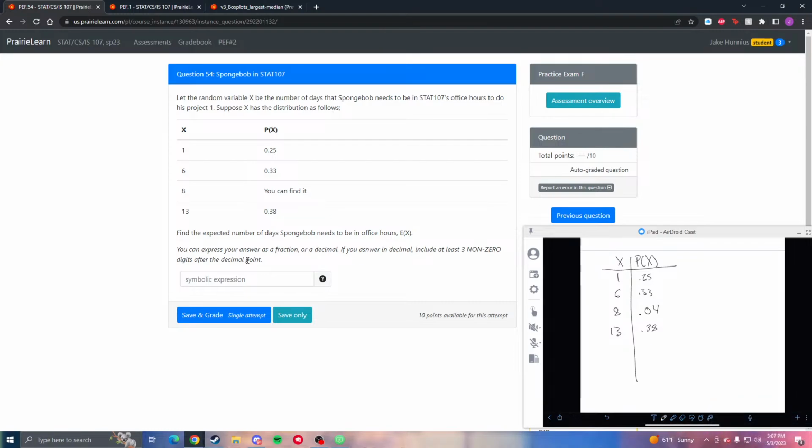Now to calculate E of x, I'm going to write this in the very fancy notation, but it's going to be the sum of x times p of x. So what that means is it's going to be 1 times 0.25 plus 6 times 0.33 plus 8 times 0.04 plus 13 times 0.38.